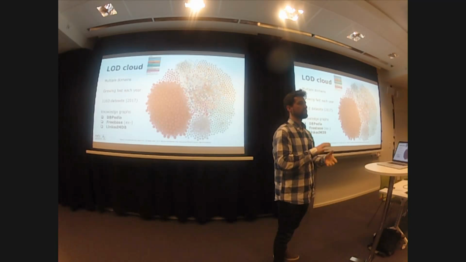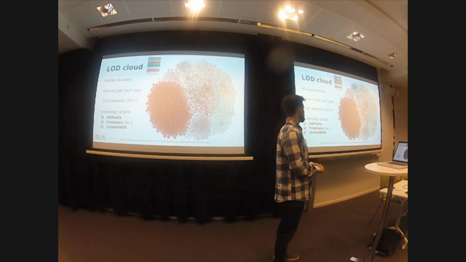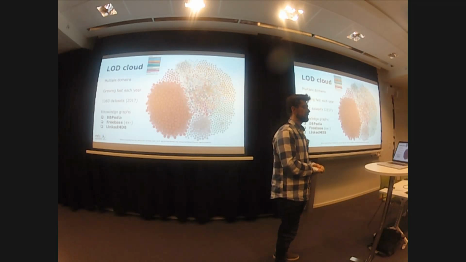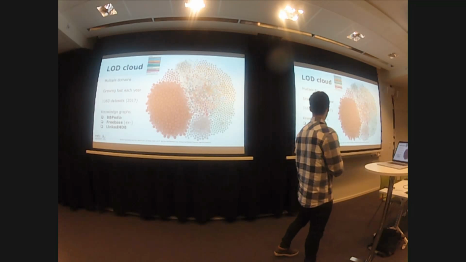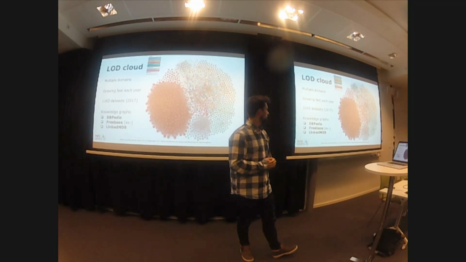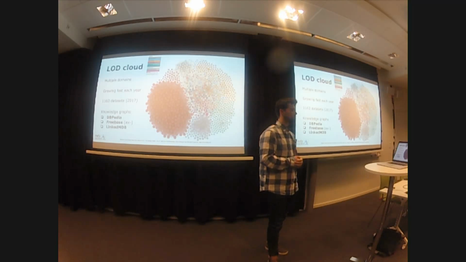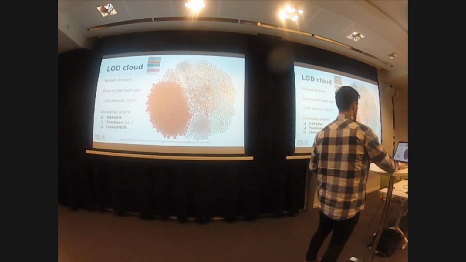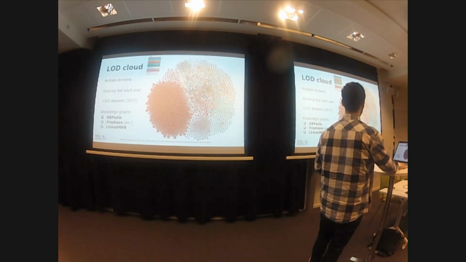It's what you get when you search for a person or something very popular, and you get a box on the right hand side. And LinkedMDB, which is a database for movies, so the same as IMDb, but with linked data. So there is a lot of data in the linked open data cloud, and every year it's growing.